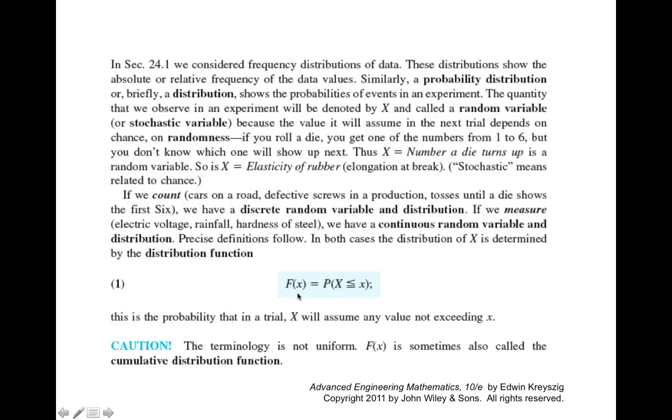What this means is that f of x is the probability that in a given trial the value of the sample will assume any value not greater than some x. So you're incorporating all the values that came before.